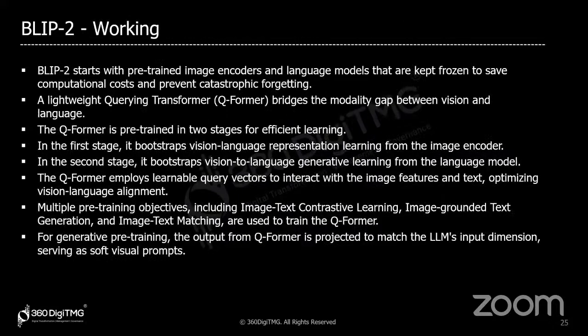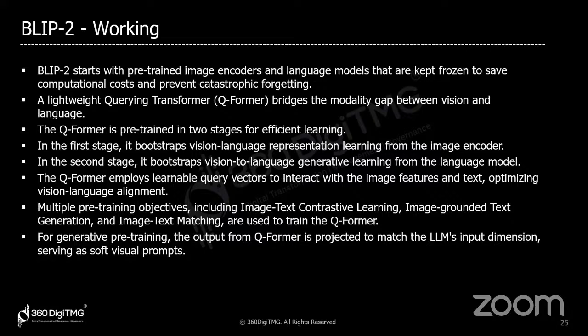Then BLIP-2 starts with pre-trained image encoders and language models that are kept frozen to save computational cost and prevent catastrophic forgetting. A lightweight Querying Transformer, which is the Q-Former, bridges the modality gap between vision and language.